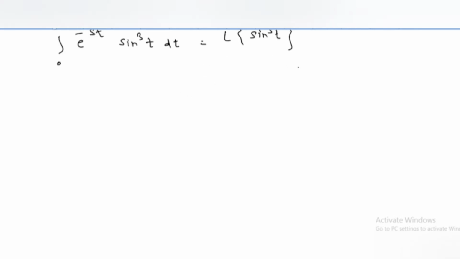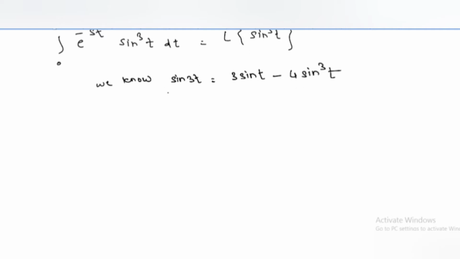Hence we simplify this Laplace transform of sin cube t by using the formula of trigonometric function. We know sin 3 theta is equal to 3 sin theta minus 4 sin cube theta. Similarly sin 3t is the same as 3 sin t minus 4 sin cube t.